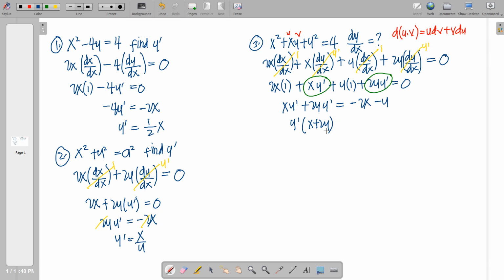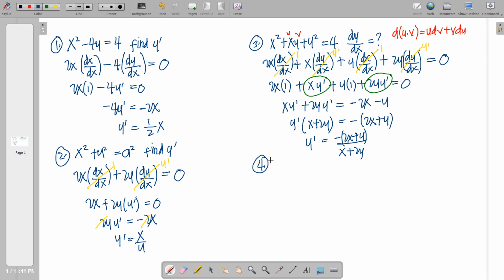So what is left is x plus 2y inside the group. And perhaps we can also factor out negative 1 here, so that the inside term will become 2x plus y. And then finally, we get y prime is equal to negative quantity 2x plus y all over x plus 2y.